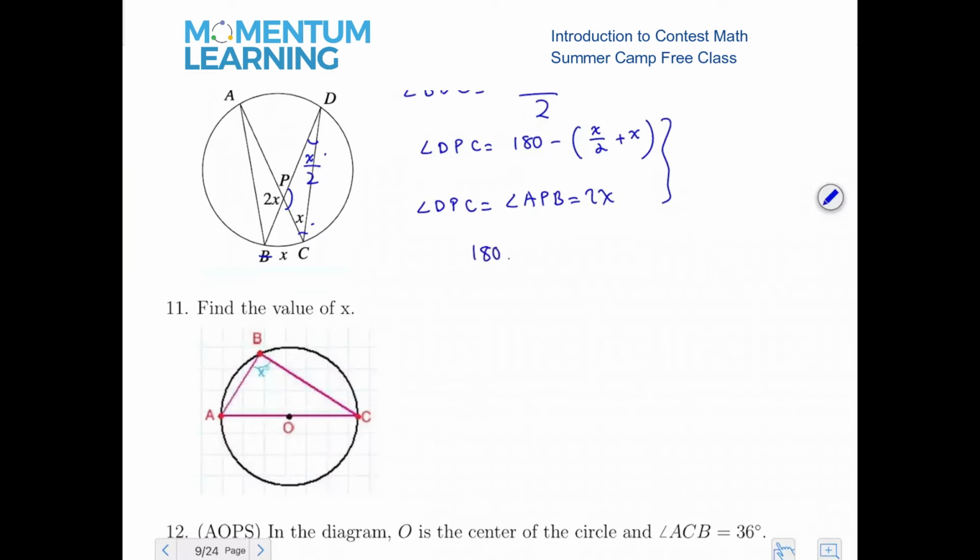So 180 minus x over 2 plus x is equal to 2x. So we know that 180 is equal to 2x plus 3x over 2. So 180 is going to be equal to 7x over 2 here. So x is equal to 360 over 7.